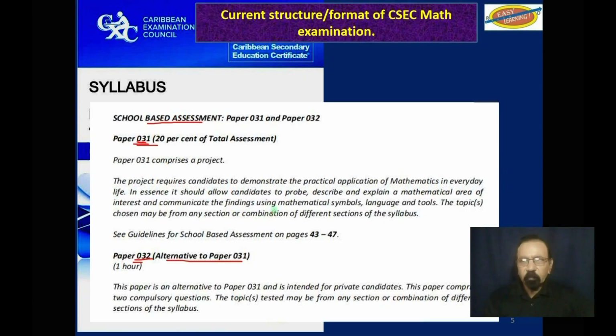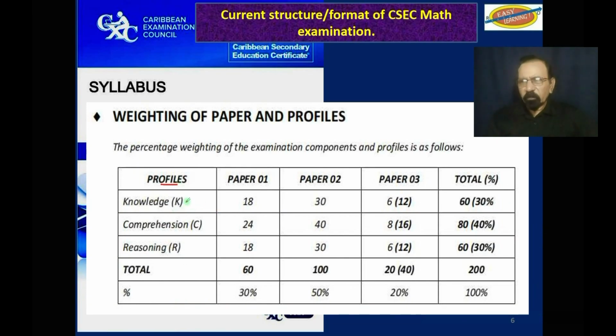Profiles. There are 3 profiles: knowledge, comprehension, and reasoning. In Paper 1, you get 18 marks on knowledge, 24 marks on comprehension, and 18 marks on reasoning, which is the 60 marks from the 60 multiple choice questions, and that will eventually make up 30% of your final grade.